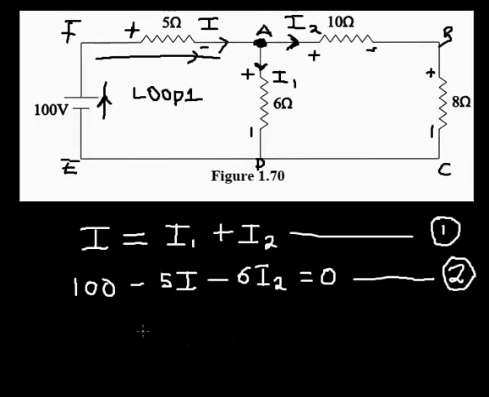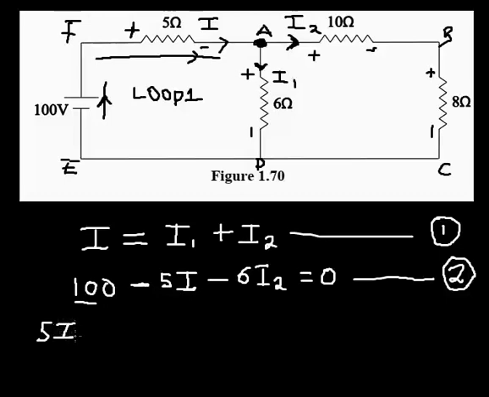So I have to rearrange this equation. I'll take the expressions that have the current to one side of the equation, and my voltage source remains at one side. If I take minus 5I to the other side of the equation, that's going to be plus 5I.